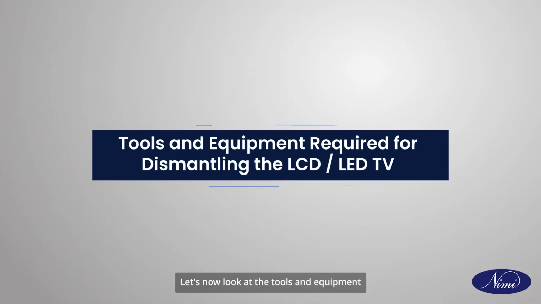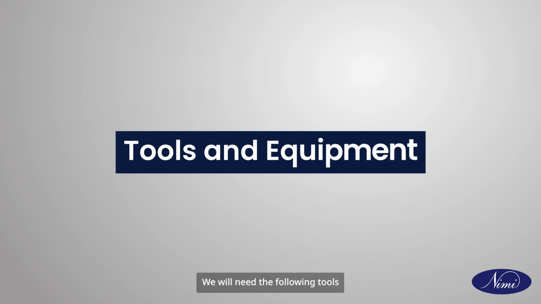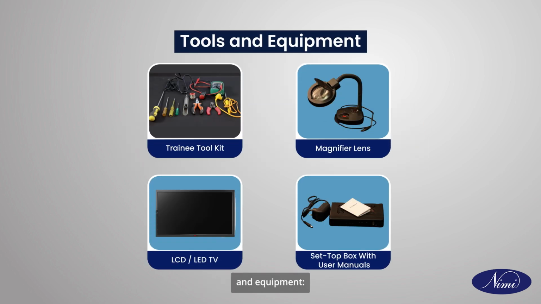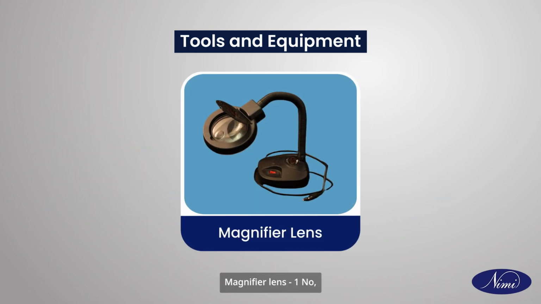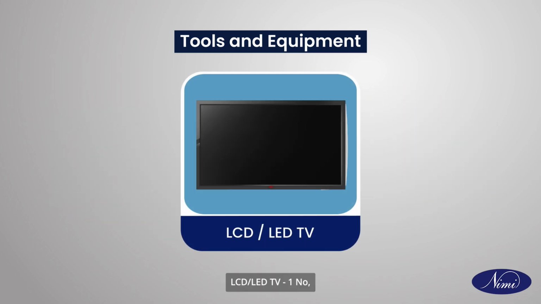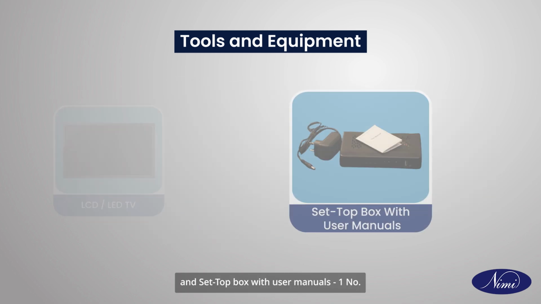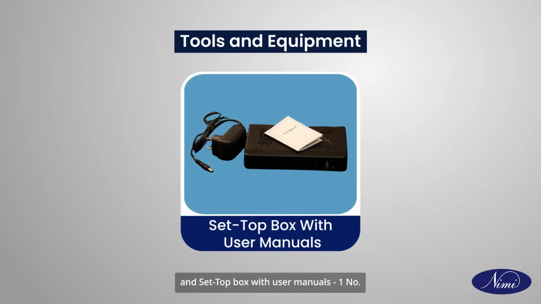Let's now look at the tools and equipment required for dismantling the LCD or LED TV. We will need the following tools and equipment: trainee toolkit, 1 set; magnifier lens, 1 number; LCD or LED TV, 1 number; and set-top box with user manuals, 1 number.